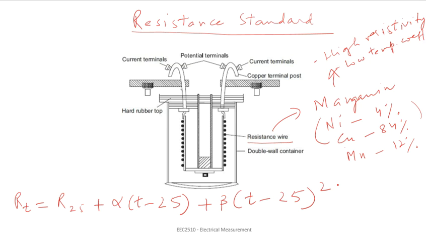Here R25 is the nominal value of resistance at 25 degrees Celsius, and alpha and beta are the coefficients. These are thermal coefficients, alpha and beta.